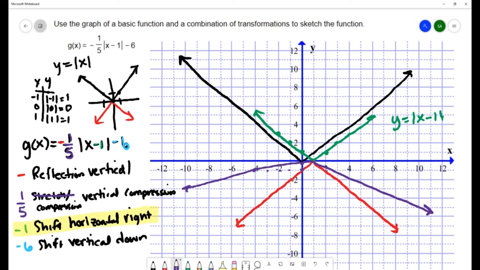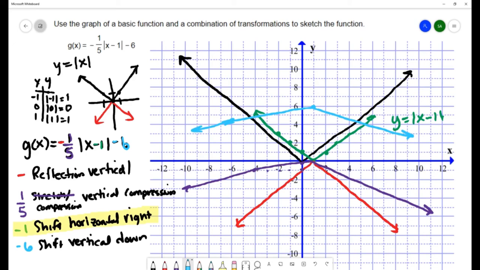So then finally is going to be the vertical shift up. Let me get that color right, the blue. So if we go up 6, we'll be here, and remember it's going to be really, really flat because of the compression. So I didn't label all these properly.